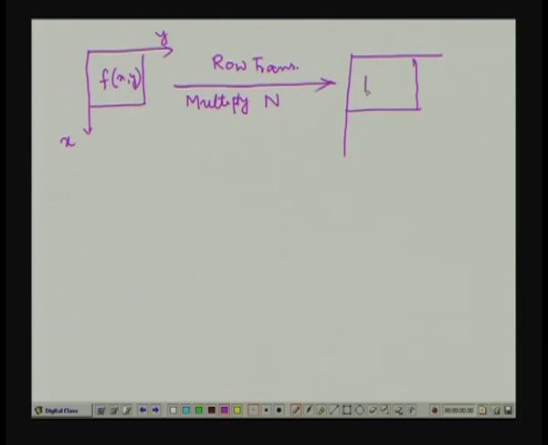This is represented as F(x,v), where this is the x dimension and this becomes the v dimension.